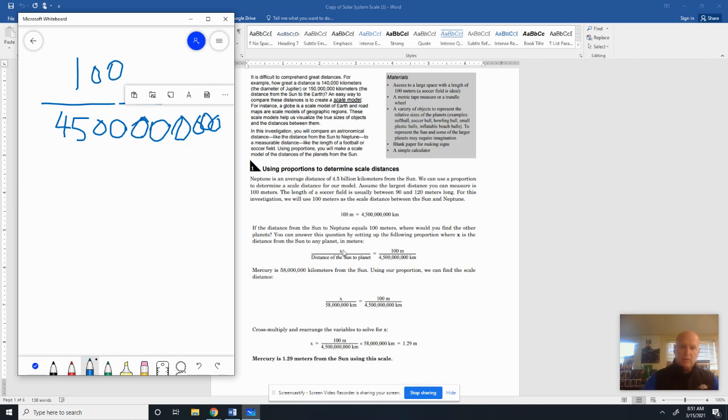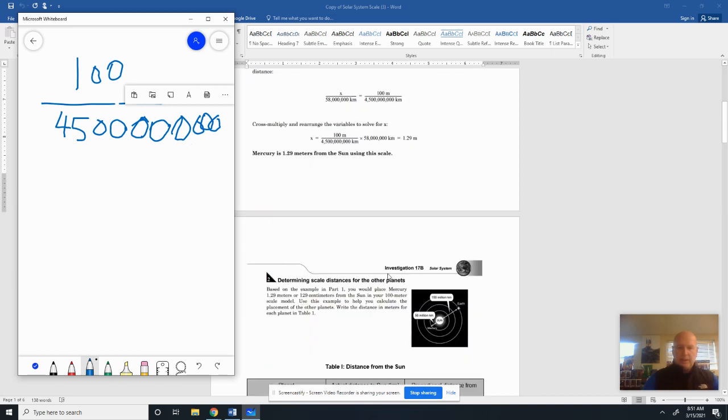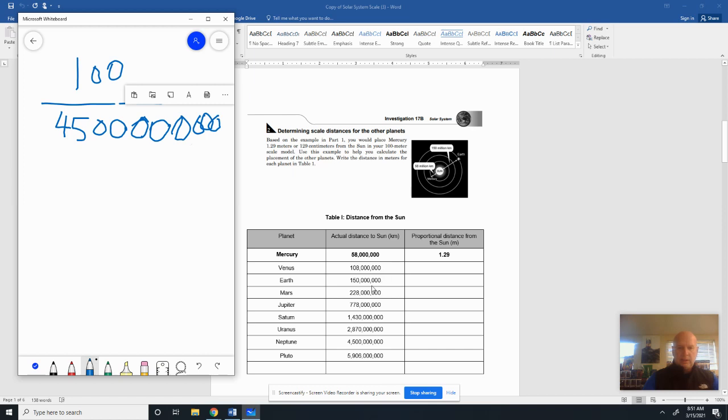The answer I'm looking for in this graph right here, so here's our graph, there's the given distances, and what I'm trying to find is this number here. This number here is going to be x.